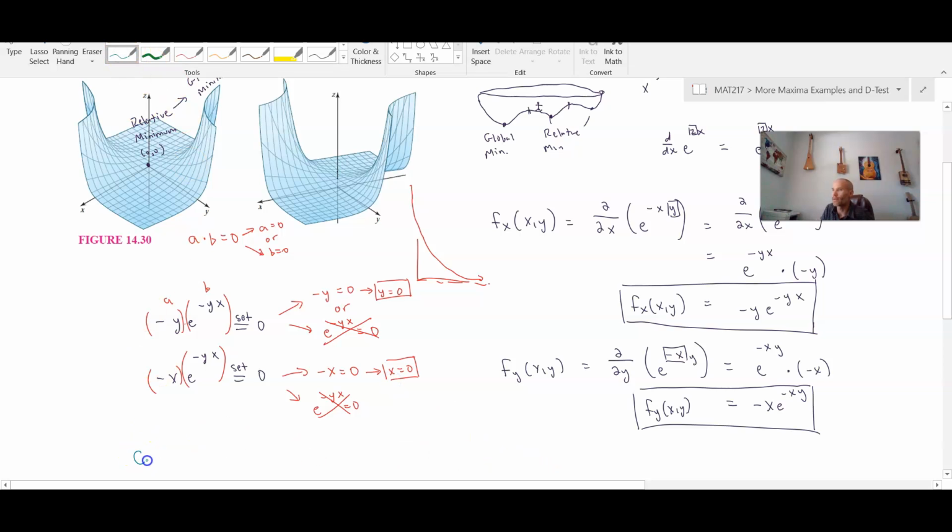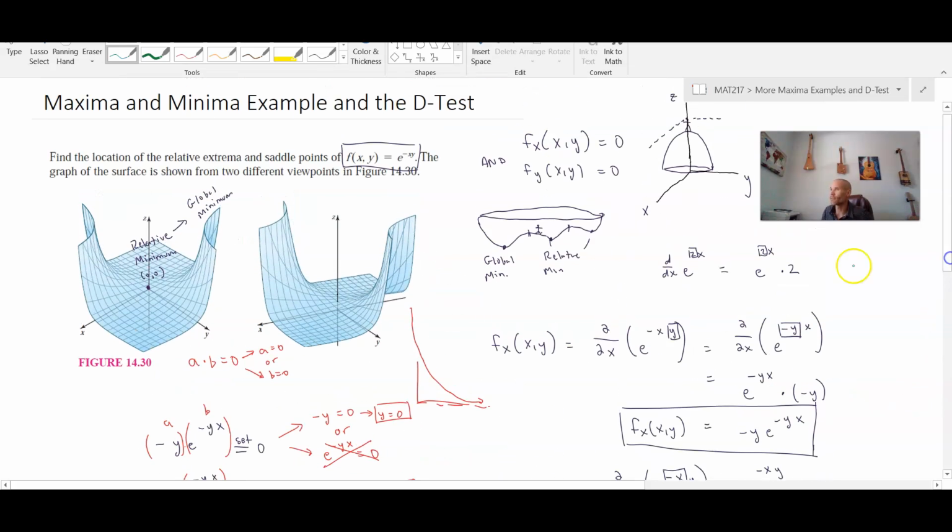So our critical point is the point x, y equals 0, 0. Well, wait a minute, what's the z value for that? To get the z value, I have to go back to my original function, because this function, remember, tells me at any given xy pair what the size of z is. f of x, y is another way of saying z.